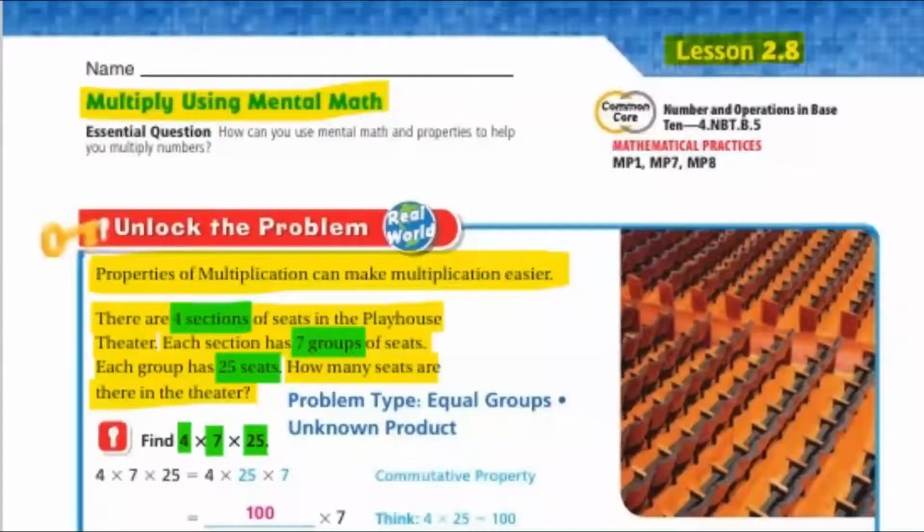Now we want to multiply 4 by 7 by 25. So we have now two friendly numbers, right? Which are 4 and 25. Let's put them beside each other like that. 4 multiplied by 25 and put 7.